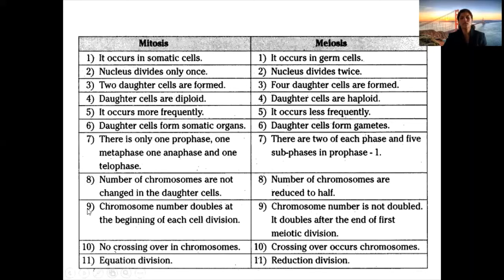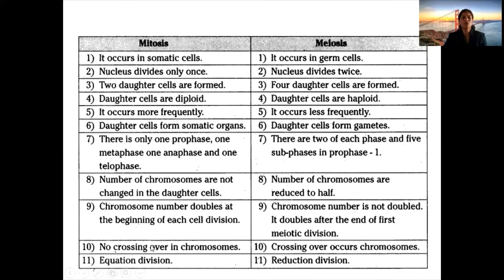Ninth point is chromosomal number doubles at the beginning of each cell division, and in case of meiosis the chromosomal number is not doubled. It doubles after the end of first meiotic division.